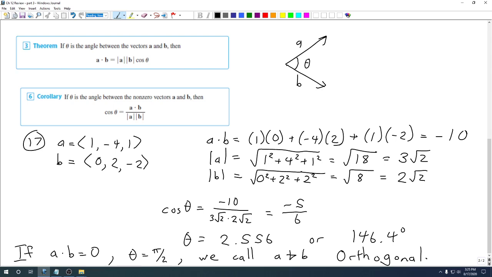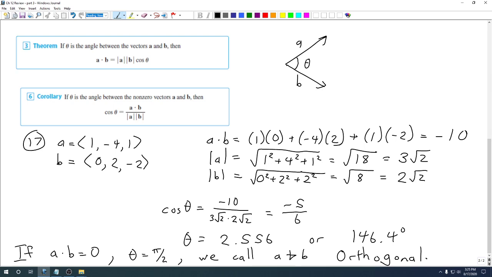If you say perpendicular, most of the time people will know what you mean. Just be aware that orthogonal is a pretty commonly used term, and there's various terms that are derived from the word orthogonal. But we might not really run into a lot of those in this course. But if you do take a course in linear algebra, you'll see a lot about orthogonal vectors.